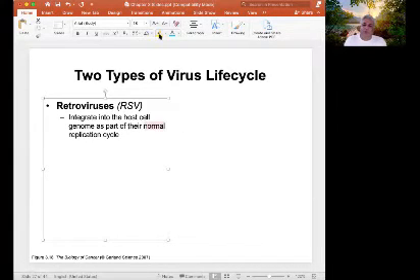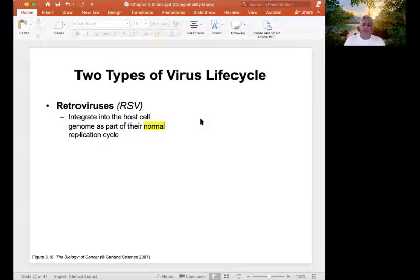The word normal should be highlighted, okay? So they have to do this regardless. As part of their normal lytic cycle, they enter the cell, and they somehow get themselves into the DNA of the host cell.